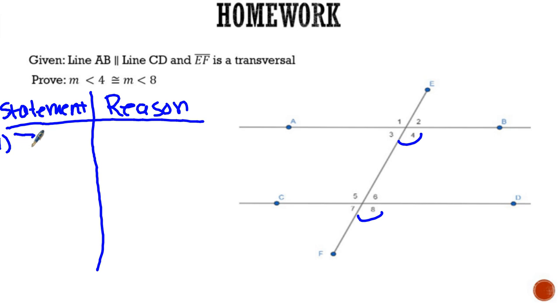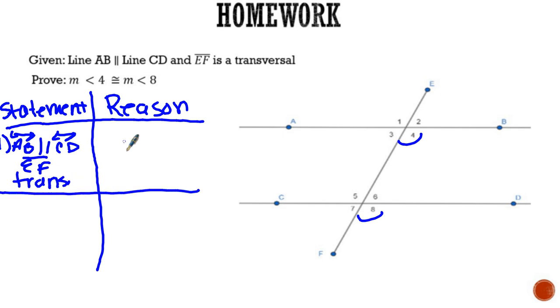So we're going to say line AB is parallel to line CD, and EF, line segment EF, is the transversal. So that is always our given. You always write the given line first. Okay, now you want to start with your reasoning.